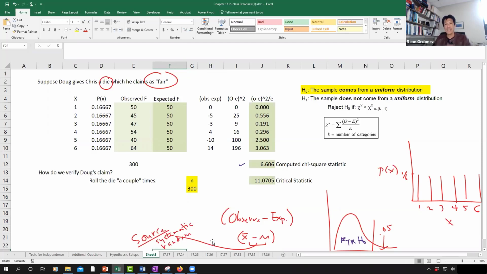Meaning, if we ask another person to roll the same die, these observed numbers will not be the same, but perhaps a lot different. So is that clear? Okay, good.